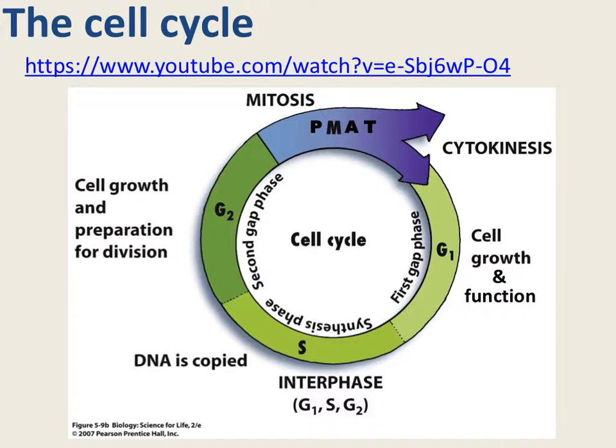Others go through the cell cycle to replicate. And then there's something called the S phase, which is interphase. The whole thing actually is interphase. So this all is interphase. Okay? And then, of course, we have mitosis.